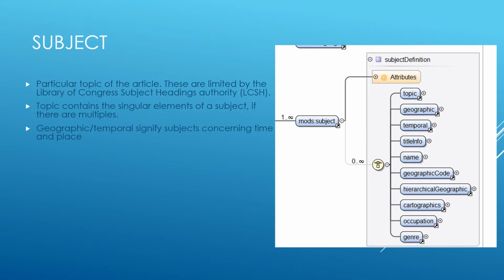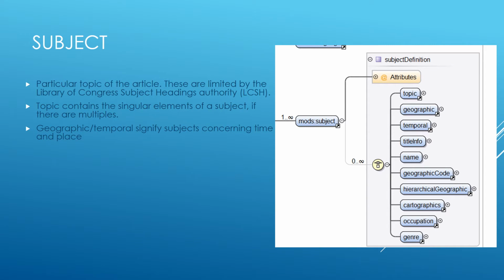And then we have the subject, which is the particular topic of the article. These are limited by the Library of Congress Subject Headings authority, the LCSH. And you can have multiple topics, which are the grains of subject that you can use.